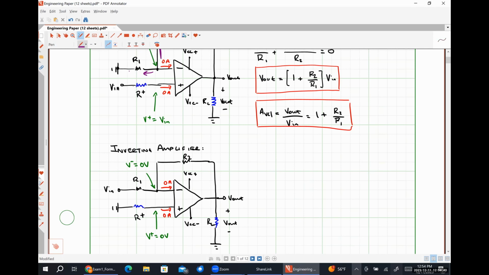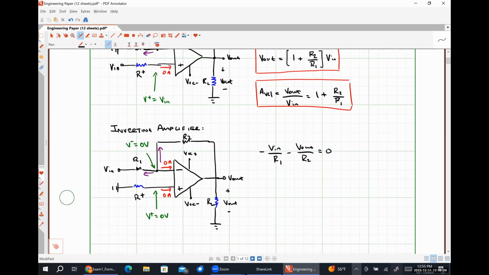Applying Kirchhoff's current law at the inverting input terminal, we are going to have 0 minus Vn, so that's negative Vn divided by R1, plus 0 minus V out, so minus V out divided by R2, is equal to 0.